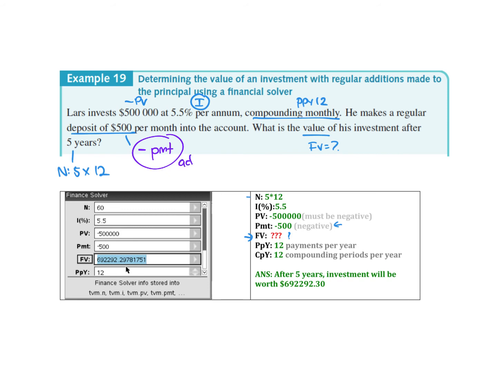But adding to investment, I'll write that. Okay, and the final value after 5 years, here we get 692,292, and we'd round that up to 0.30. So you can see I've rounded to 2.